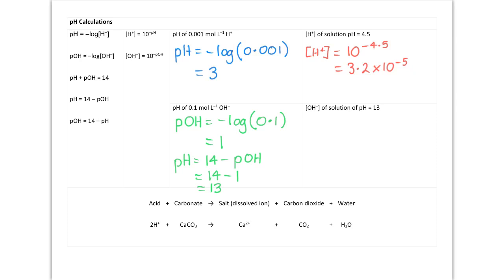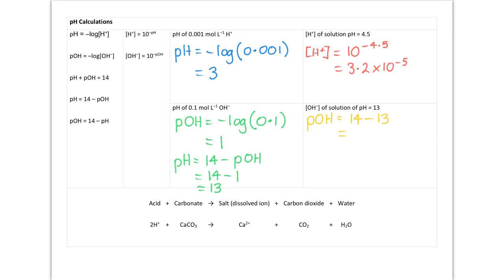So we go pOH equals 14 minus the pH, which is 13.